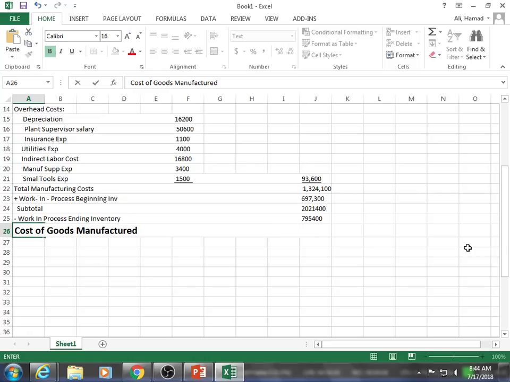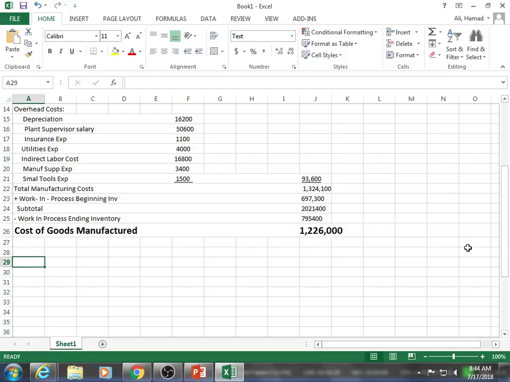Take the 2,021,400 from the previous total. What do you get from the subtraction? 1,226,000.